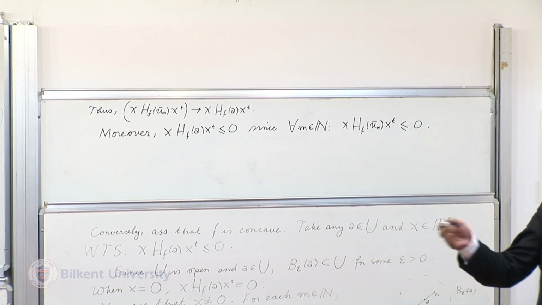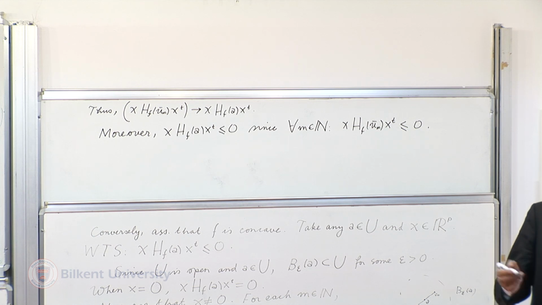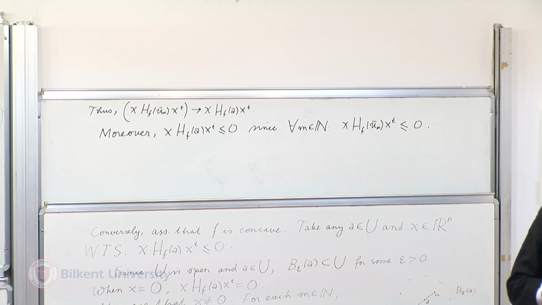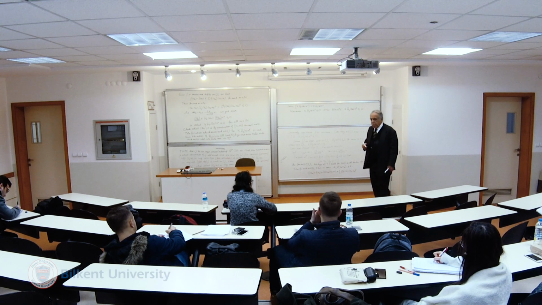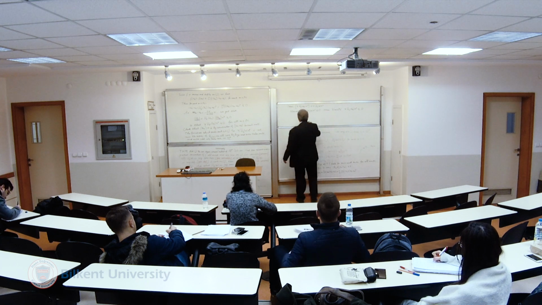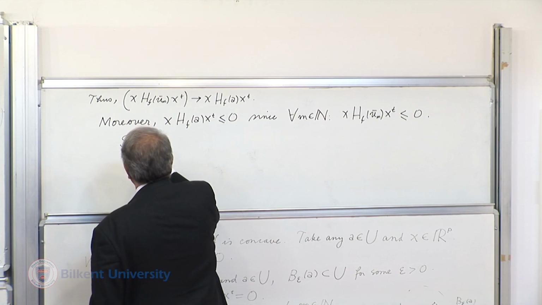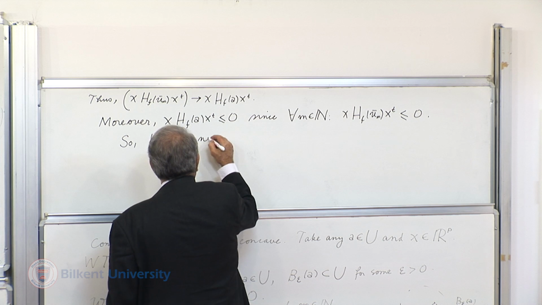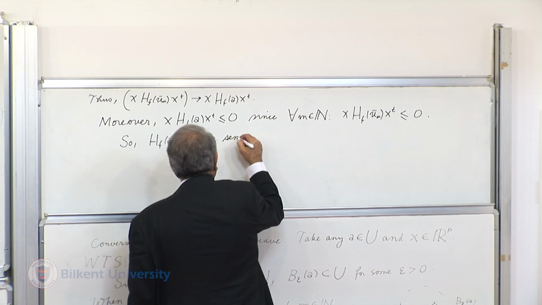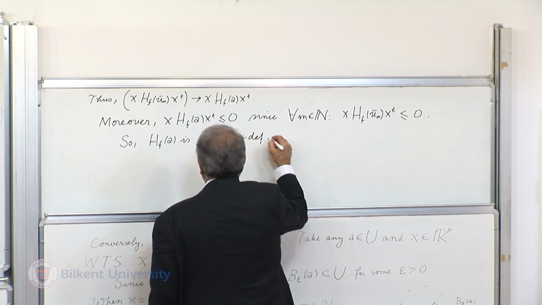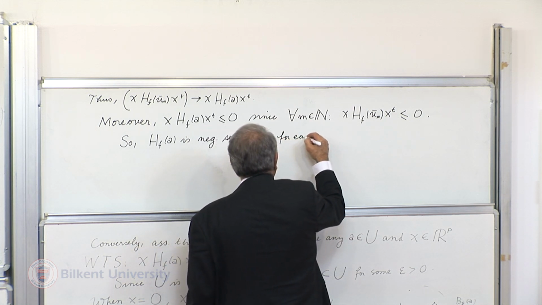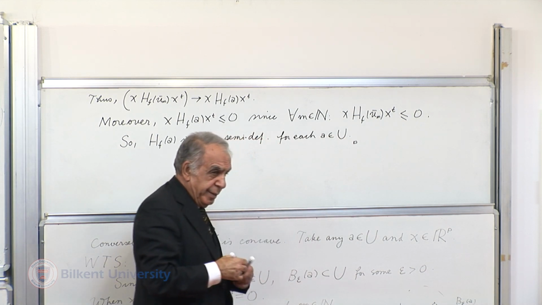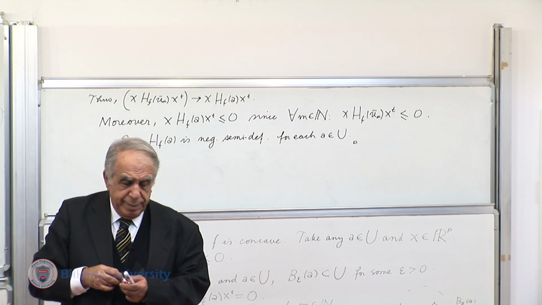But then, since A was arbitrary in U and x was arbitrary in Rp, this means that the Hessian matrix is negative semi-definite at each point in U. So, h sub f of A is negative semi-definite for each A in U, completing the proof. Okay?